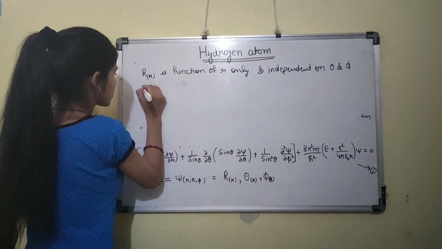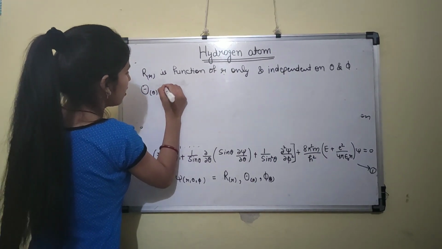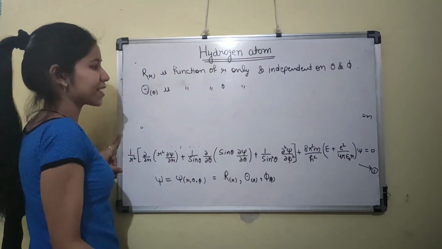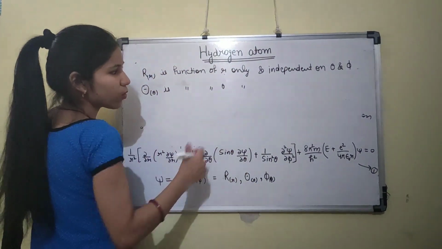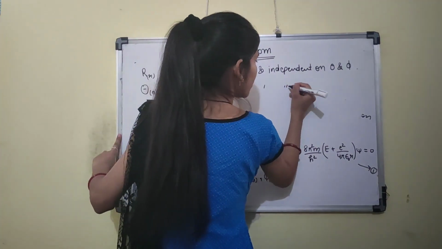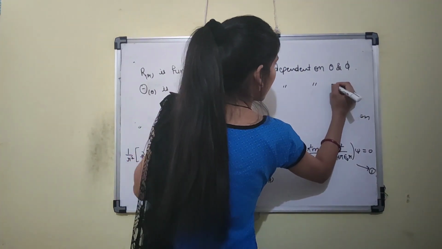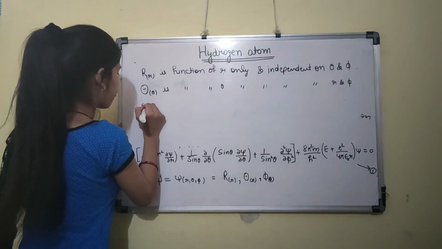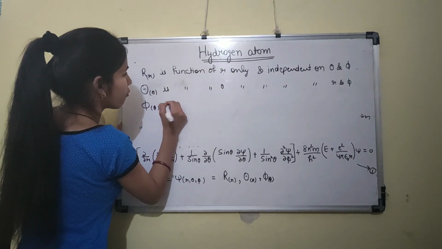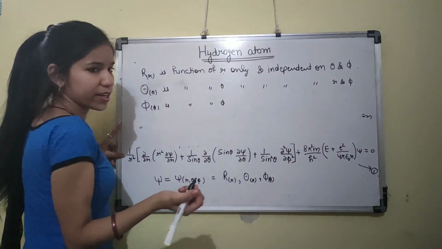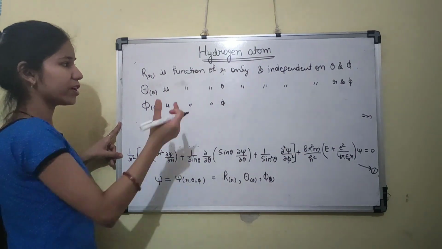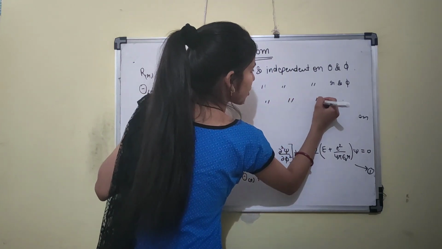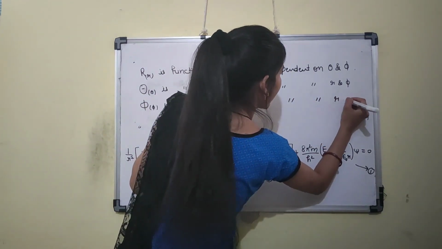Then Theta is a function of theta only, which means that it is independent of r and phi. Now Phi is a function of phi only, which means that it depends only on phi and is independent of r and theta.